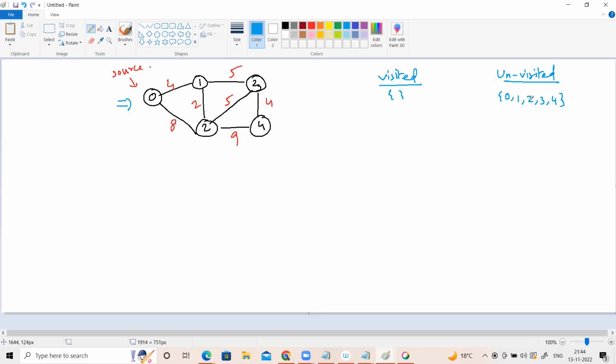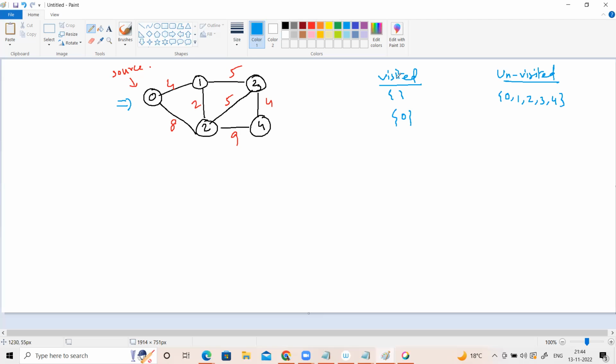Once we start iterating, at the very beginning we pick the node with the minimum distance, and that is basically this node. So we put the vertex node into the visited array.